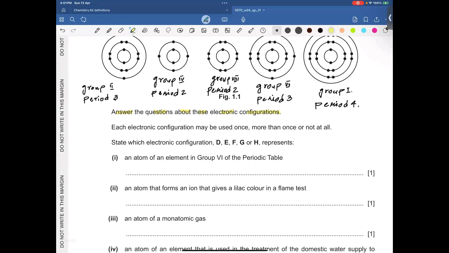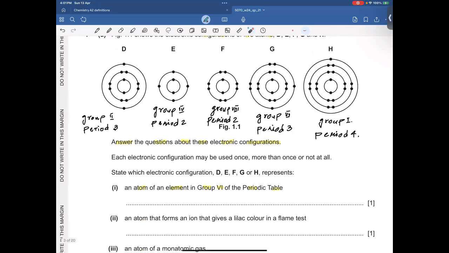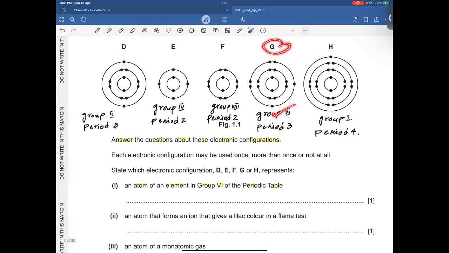Now let's start the question. An atom of an element in group 6 of the periodic table. Element G is found in group 6. An atom that forms an ion that gives a lilac color in flame test.